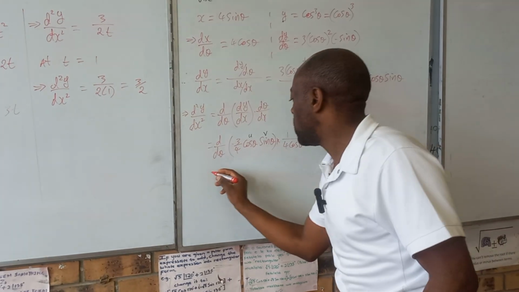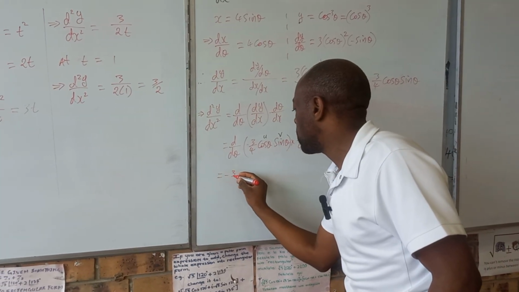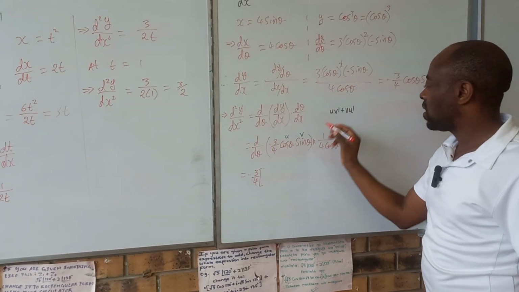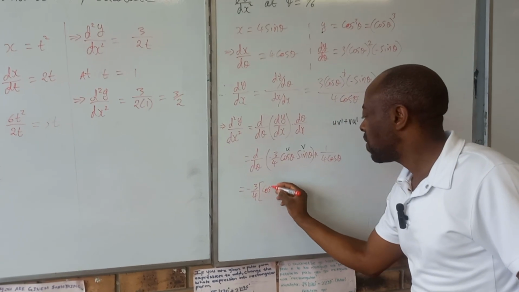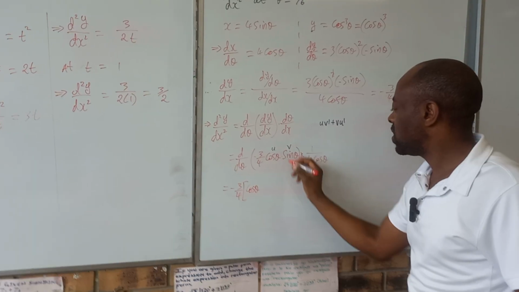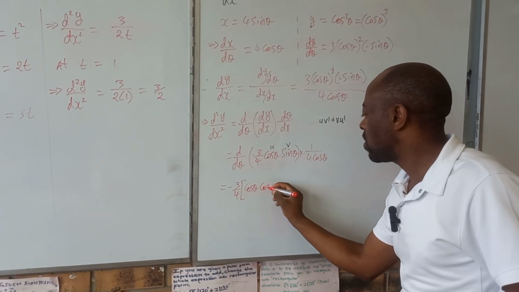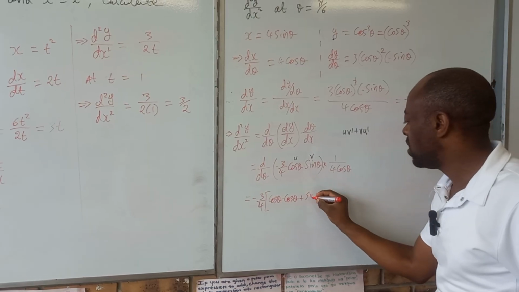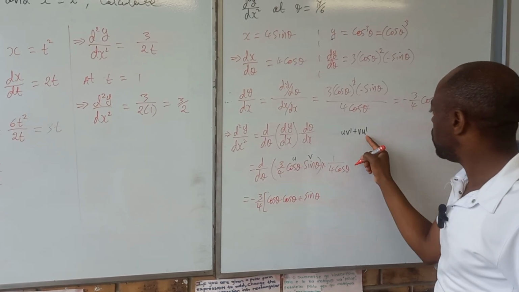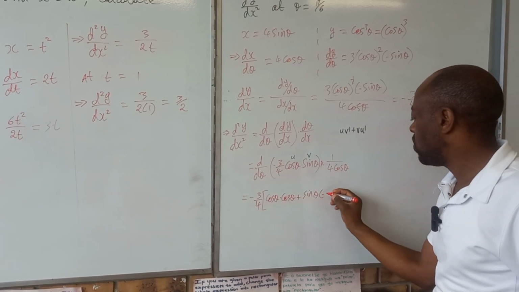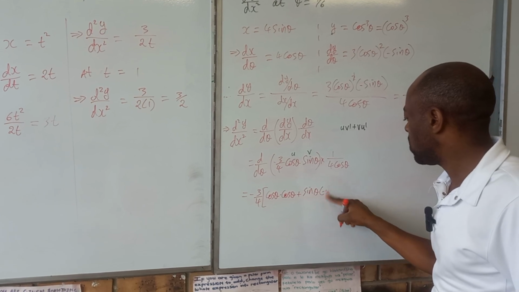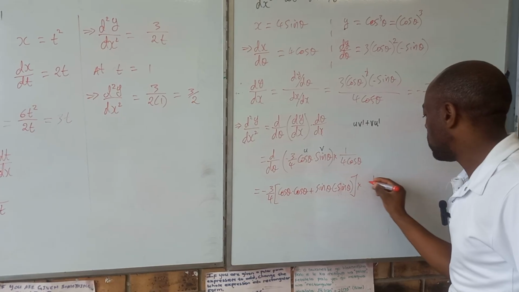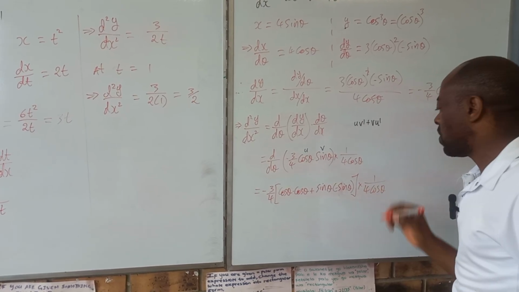So I will write my negative 3 over 4 first. That's a constant, I don't need to differentiate that. Then my u is cos theta. V prime means I differentiate sine, which gives me another cos theta. Then followed by a positive sign, my v is sine theta. Then u prime means I differentiate cos, which gives me negative sine theta. So I then multiply by 1 over 4 cos theta.